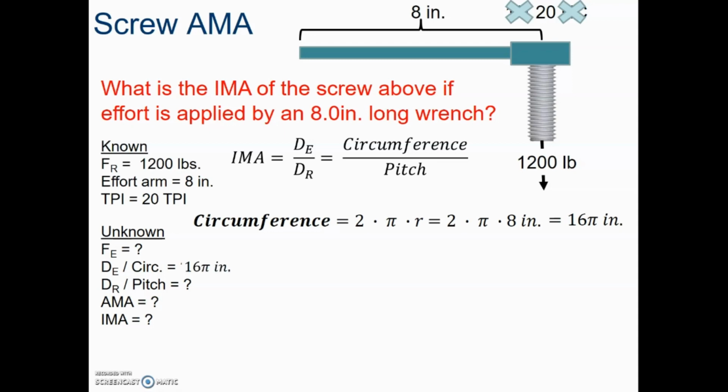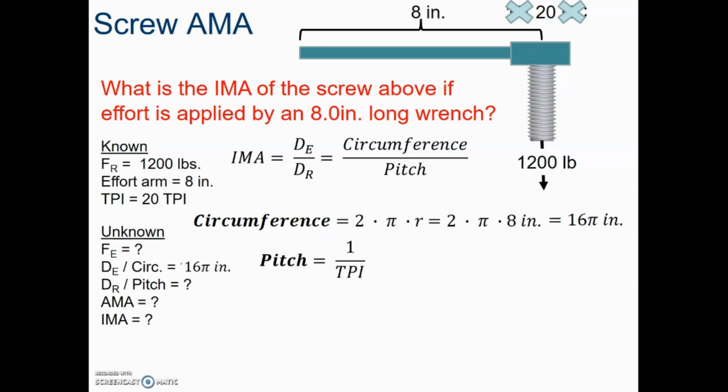So we've got 16 pi inches. Now we need to figure out the pitch in order to find our IMA. So let's do that as well. Now the pitch, remember, is the amount of space between each thread. And to find the pitch, we need to take the reciprocal of the TPI, kind of like what we did in the slide earlier.